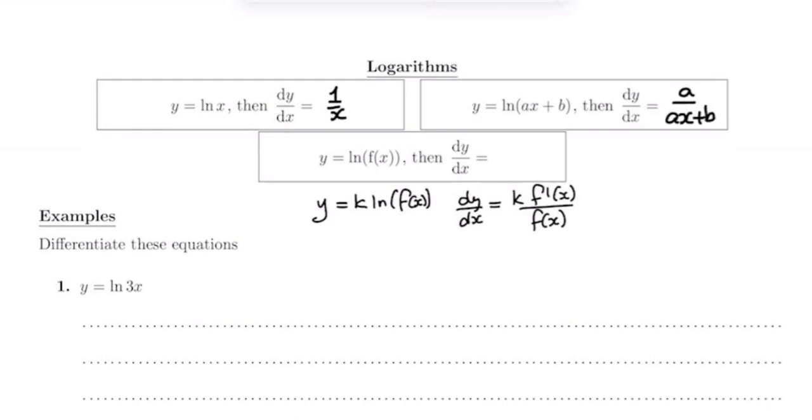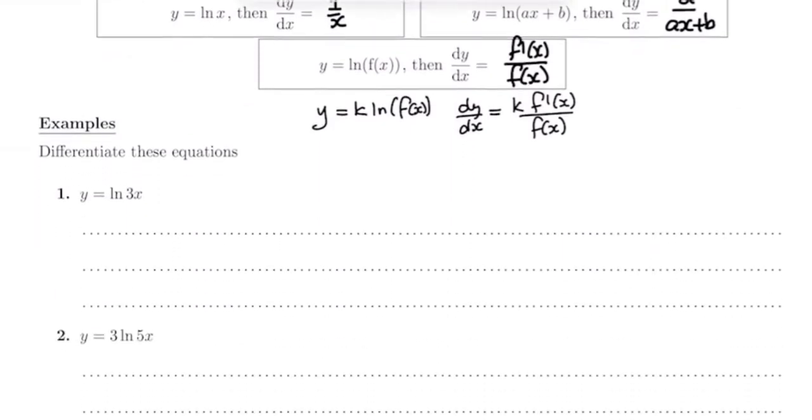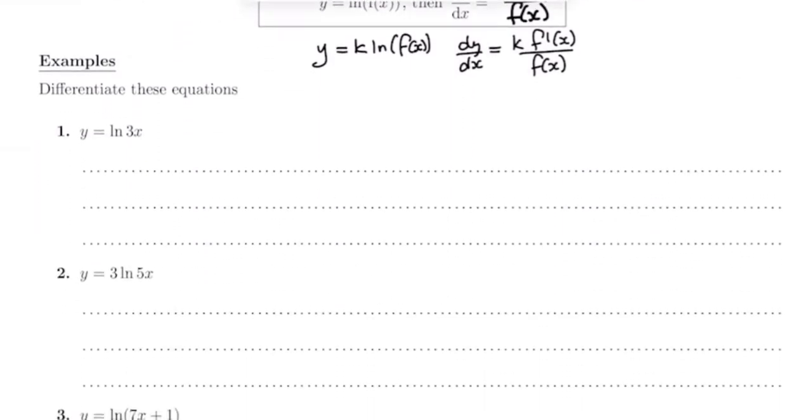And in fact, if y equals the natural log of any function, then dy/dx will be f dash of x over f of x. And we can repeat the process that I've just done. And then again, I've added a little one where we've got a k in front. All right, so we're going to use these rules to differentiate some of these natural logs.